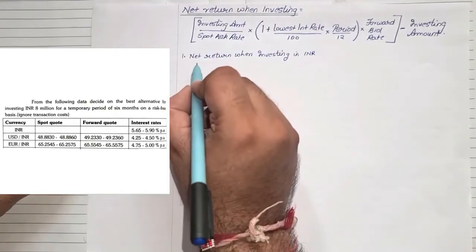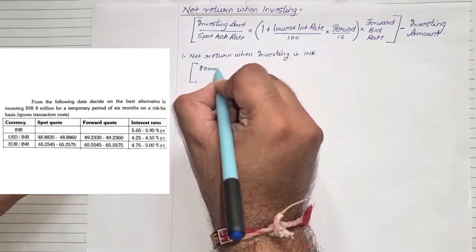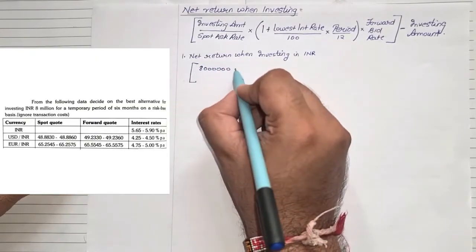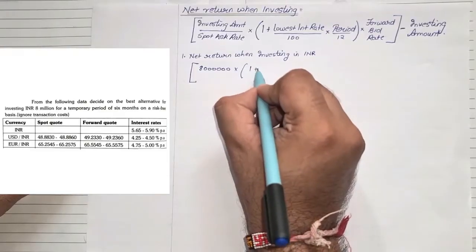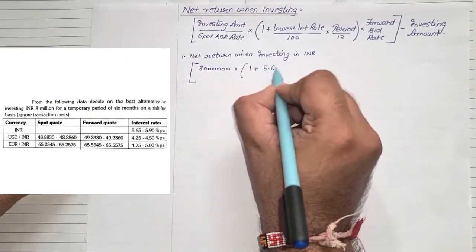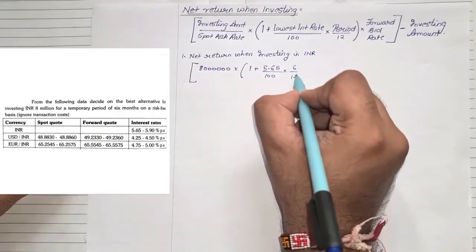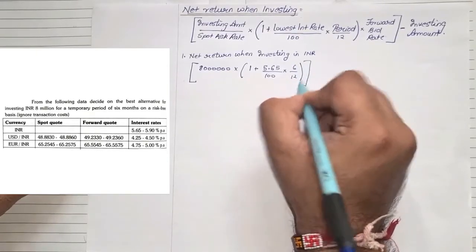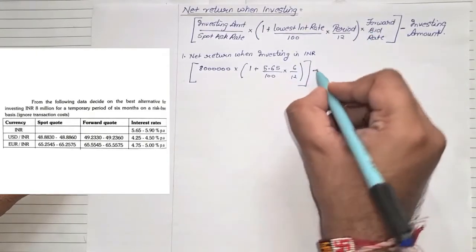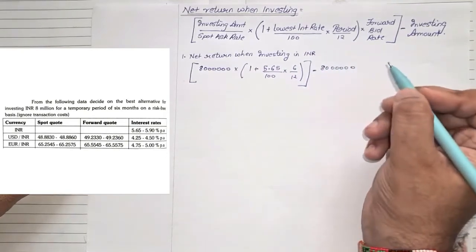So the investing amount is 80 lakhs, there won't be any spot rate, into 1 plus the lowest rate. If you look carefully, the lowest rate among 5.6 and 5.9 is 5.65, upon 100. They had given you a 6 months period, so 6 upon 12. There is no forward rate, minus the investing amount, that is 80 lakhs.